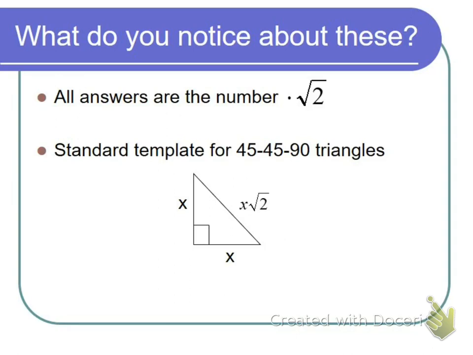Okay, I would also mark on your little triangle that either of these angles are congruent, or I would write in that they are 45-degree angles, so that you know this is only true for 45, 45, 90 triangles.